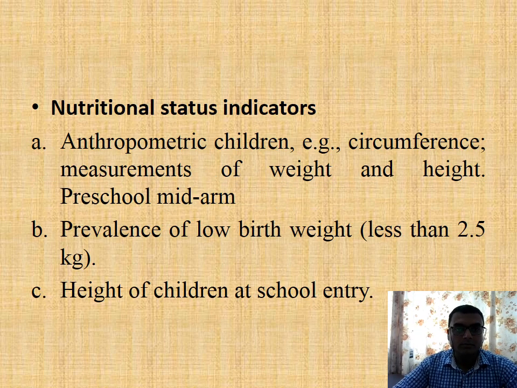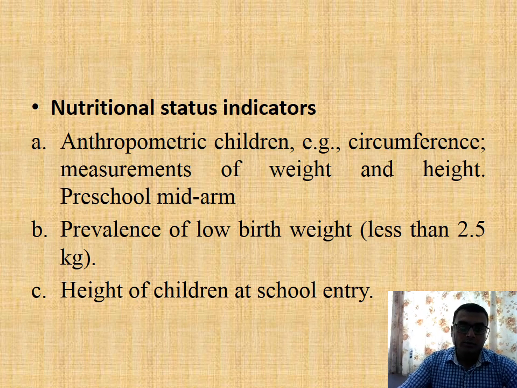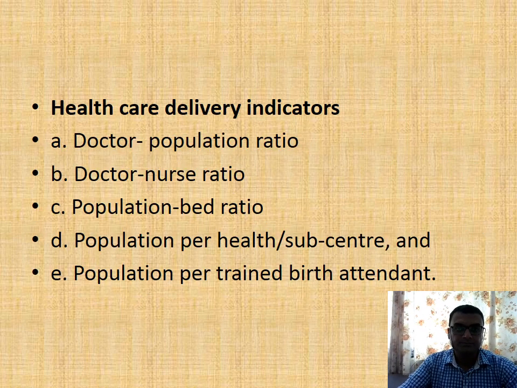Next, morbidity indicators are nutritional status indicators. There are three important nutritional status indicators: anthropometric indicators, prevalence of low birth weight, and height of children at school entry. The nutritional status indicators are positive health indicators. Next indicators are healthcare delivery indicators.